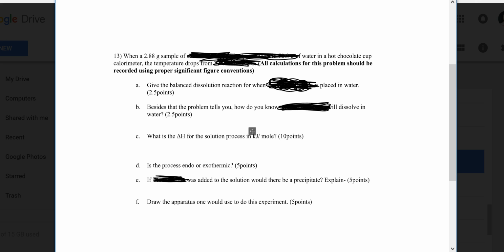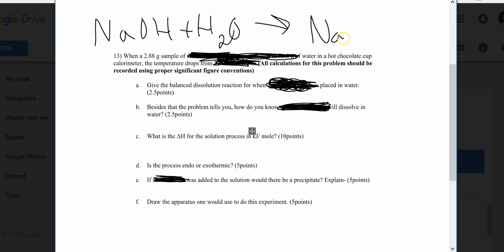Now, what I mean by a dissolution reaction is if I were to put NaOH plus H2O, I would just form Na+ plus OH-, because really the water just makes this separate, so you can just put that dissociating into its ions essentially.